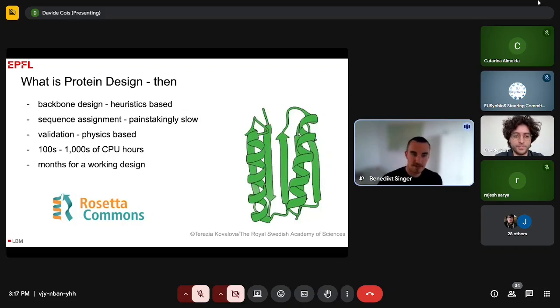Back then, and this is something I know from hearing from others, I've not done it myself, fortunately, the protein design process was very tedious. You would have to do heuristic-based design. A lot of times you would print out your protein and model it in a three-dimensional paper structure.